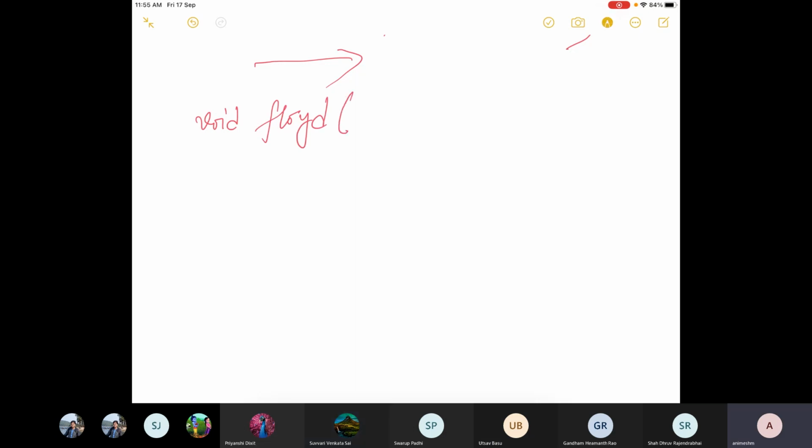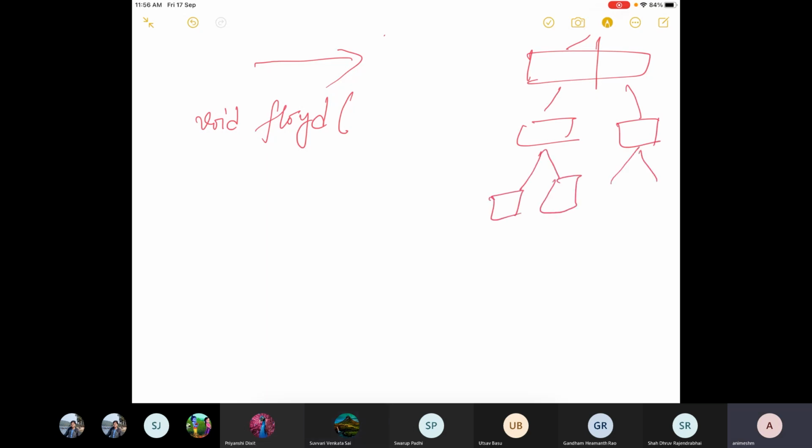Here you don't have to break anything. For doing merge sort, you have to break the array first. Here you are not breaking anything. You are starting from the bottom. You can very easily start from the bottom. That's what you will see in this algorithm when I write the pseudocode.